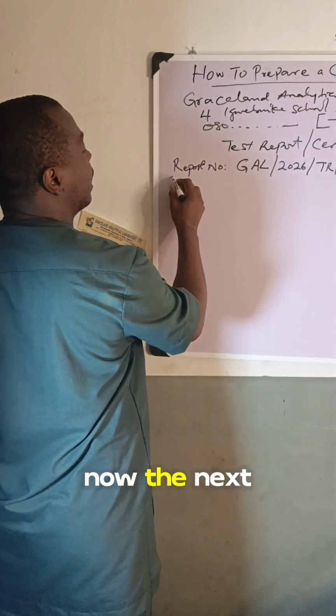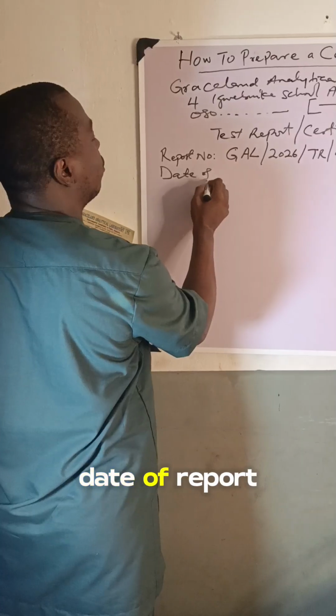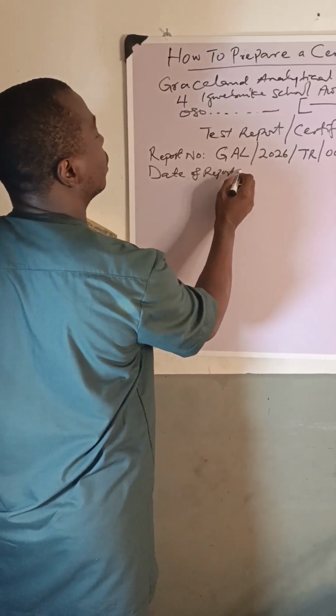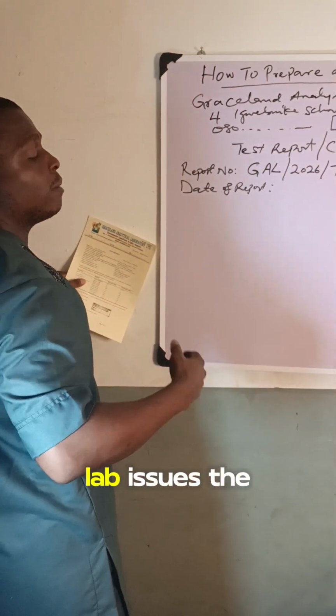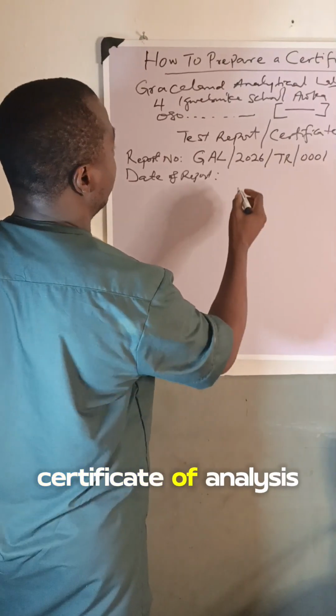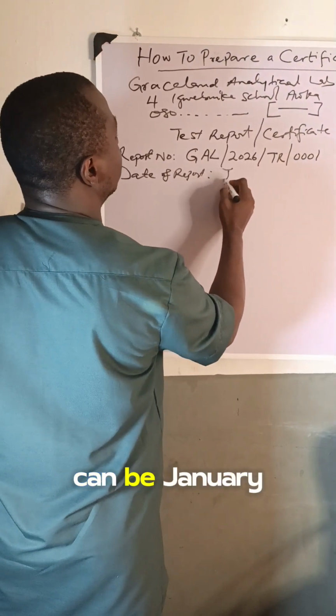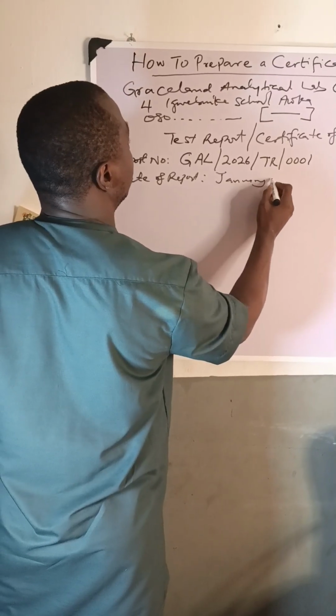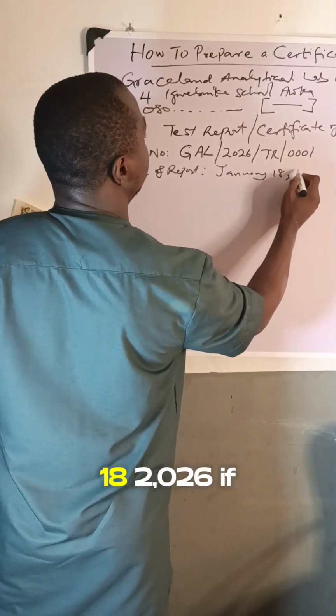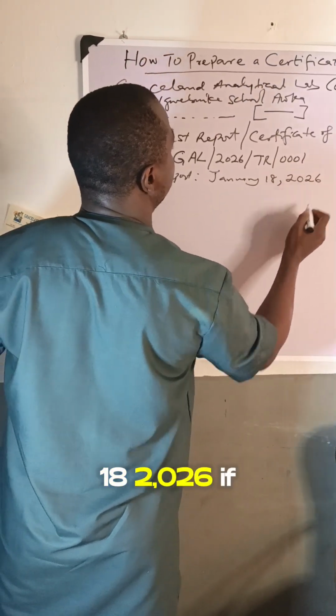Now, the next thing that we will have is the date of report. That is the date that the lab issues the certificate of analysis. And the date of report can be January 18, 2026.